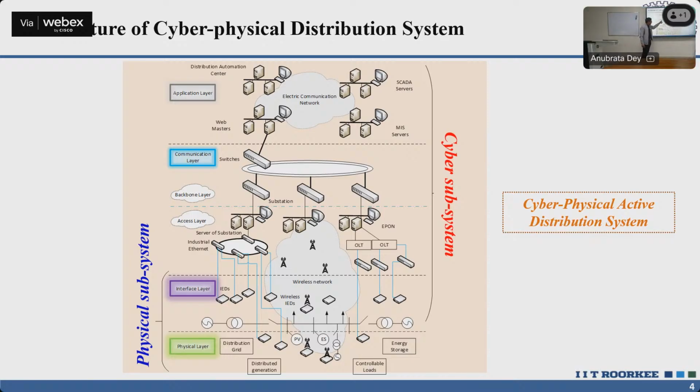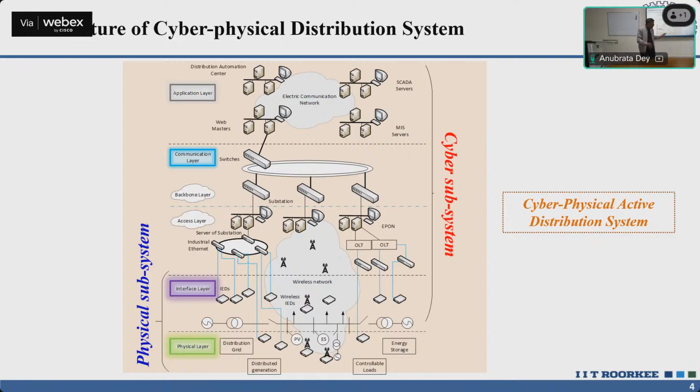Then comes the communication layer. The communication layer is usually divided into two parts, right? One is the access layer, and another is the backbone layer. In this part, just above your interface layer, whatever IED has established the connection with all these smart devices in the physical layer is going to transfer some of the data over small distances using Wi-Fi network.